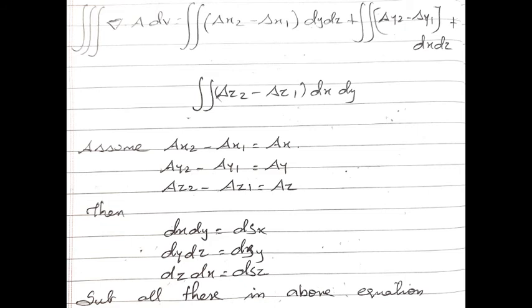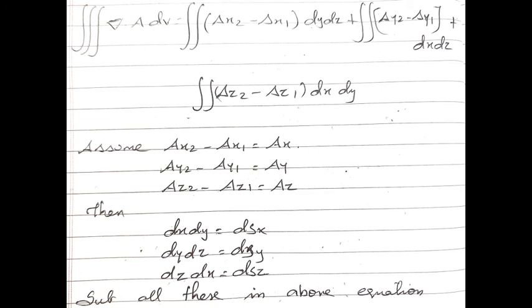This is the substituted equation I am showing now: the double integral of (ax2 minus ax1) dy dz plus the double integral of (ay2 minus ay1) dx dz plus the double integral of (az2 minus az1) dx dy. So the triple integral of del dot a dv is equal to the double integral of (ax2 minus ax1) dy dz plus the double integral of (ay2 minus ay1) dx dz plus the double integral of (az2 minus az1) dx dy.